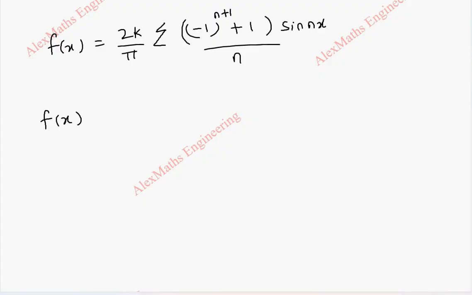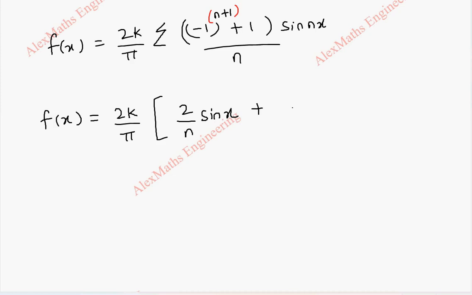So f of x is equal to 2k by pi. Now when n is 1, this total power becomes 2. Minus 1 whole square is plus 1, so 1 plus 1 is 2. So 2 by n into sin 1x. When n is 2, this becomes 2 plus 1, 3, odd power. Minus 1 power 3 is minus 1.